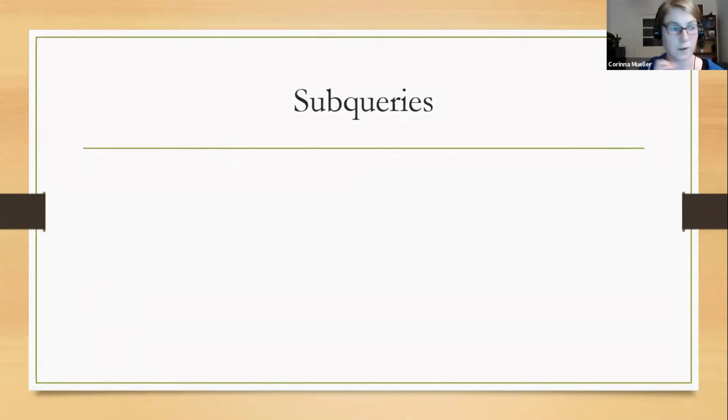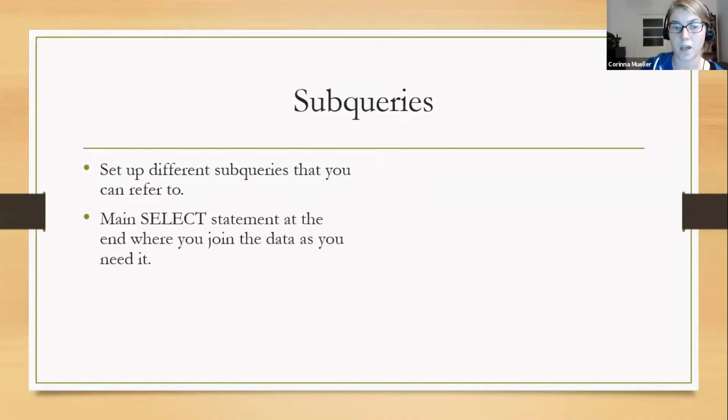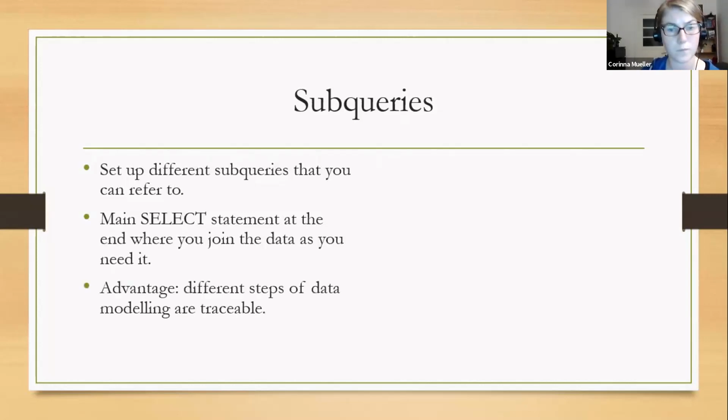So what I have found really, really handy is to use subqueries that you can refer to later. So you have different steps, and then at the end, you make the main select statement where you join the data that you have built up in the subqueries at the beginning.